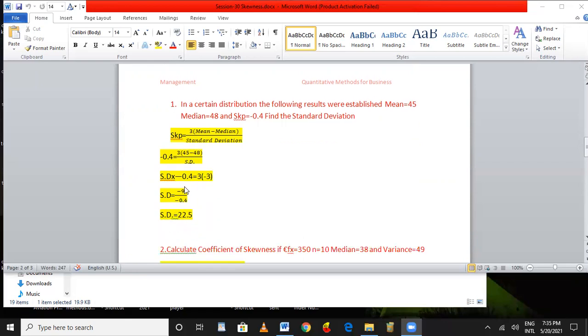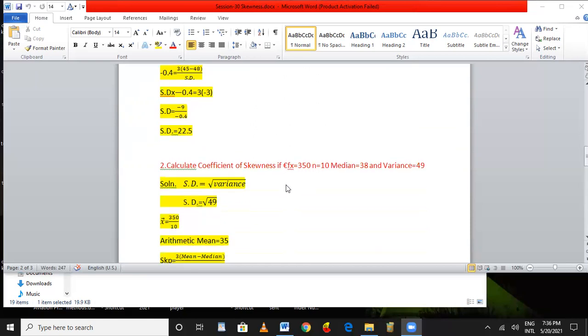Then if we divide -9 by -0.4, we get the standard deviation as 22.5. Here the Skp formula has been used: 3 into (mean minus median) over standard deviation.